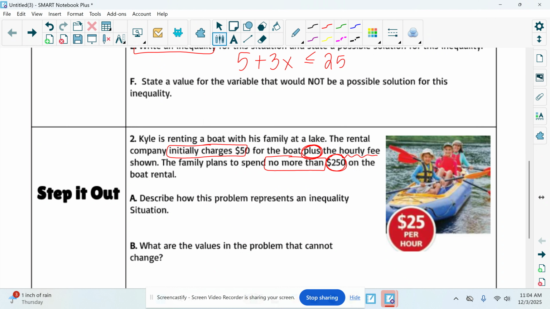Because we don't know the total value of the rental. Well, even if we don't know the total value, we could still say that it's equal to 250. But since it's no more than, we don't know how many hours. Because it says no more than.